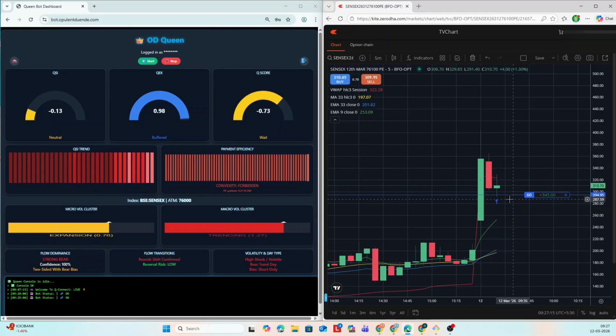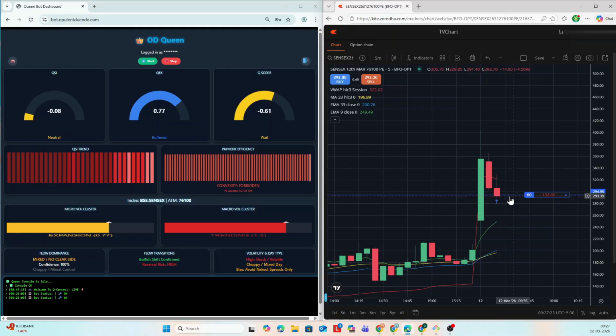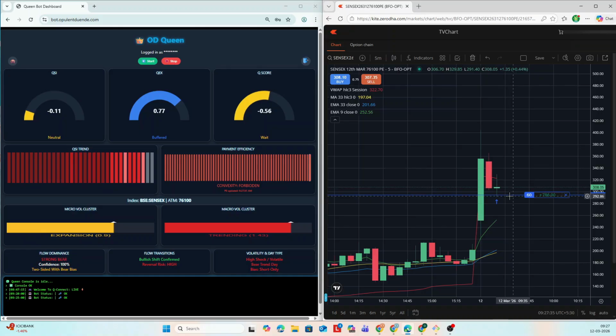In neutrality, which we are presently in right now, we actually entered right in this position, the put position, and now we are going to wait and watch and see how this trade pans out, and whether we change it, whether we exit it for a stop loss, or whether we switch to the call option later. It's going to be a happening day, because this being an expiry, we'll give it a wait time now.